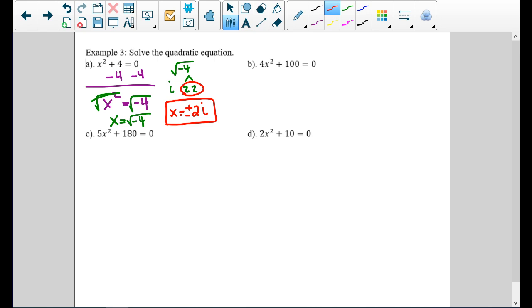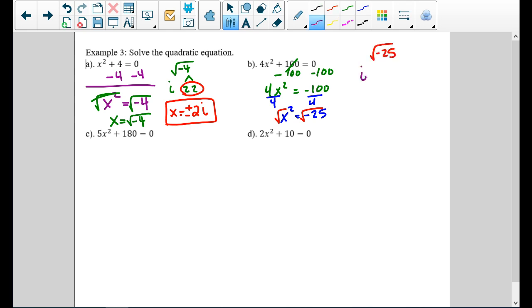Take a look at B. So again, let's solve for x squared. We just have an x squared. Let's just get it by itself and square root. So subtract 100. So 4x squared equals negative 100. Divide by 4. So x squared equals negative 25. Again, square root undoes the square. So again, square root of negative 25.